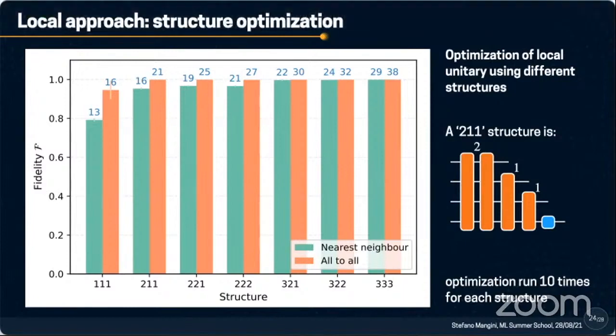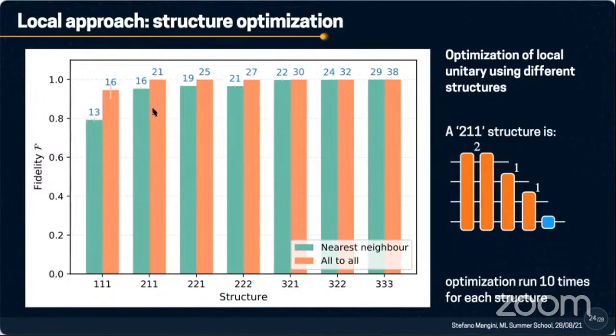Sorry, I didn't understand your question. If we look at the bars where you reach high fidelity, closer to 1, I would say that if you have 22 layers for any structure, you should already reach high fidelity, no?